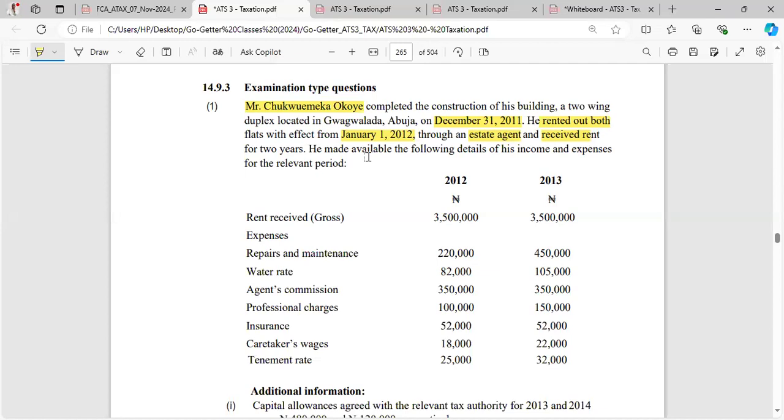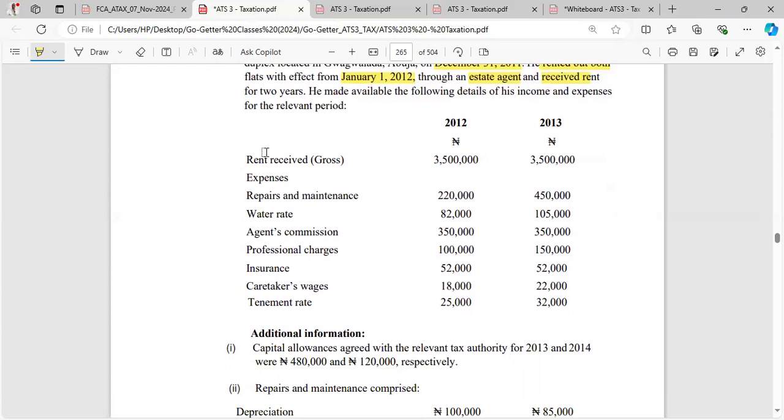So now he's received rent for 2 years. Now look at the rent. We're happy here that the rent is received gross. If it was not received gross and it was received net, let me tell you something. How do you convert to gross? You will say gross equal to 100 over 90 times net.